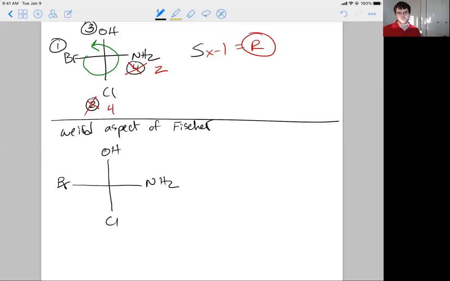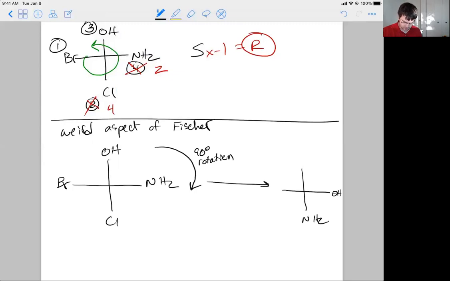So a weird aspect of Fischer projections: if I take this molecule and I just rotate it 90 degrees clockwise, just spin it this way, and I redraw my Fischer projection, I have OH, I have NH2, I have Cl, and I have Br.